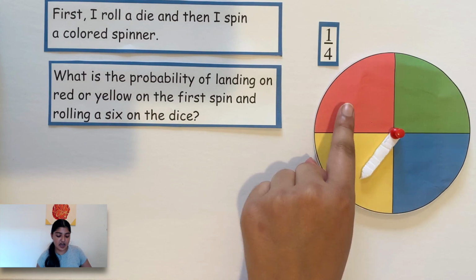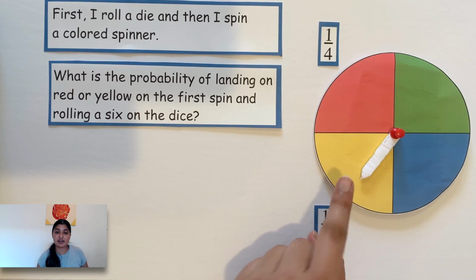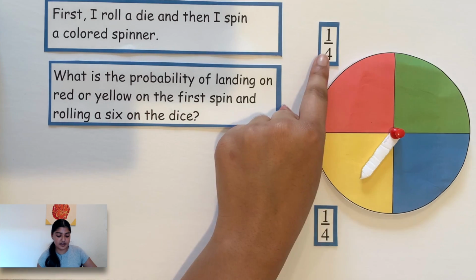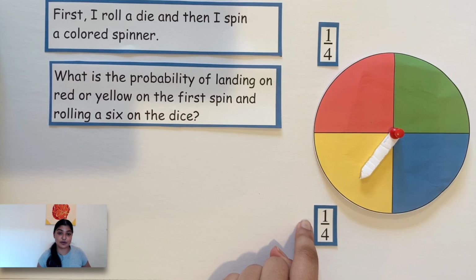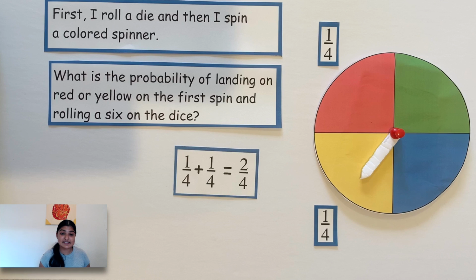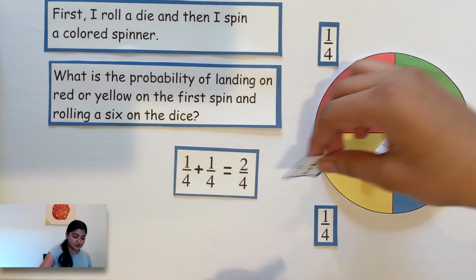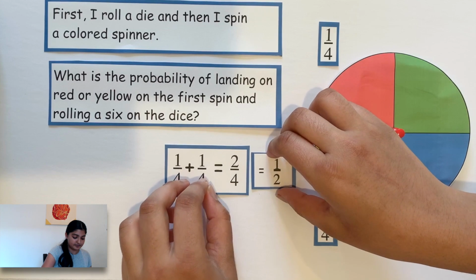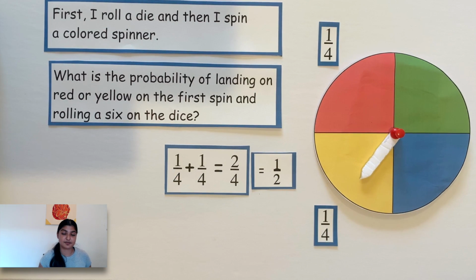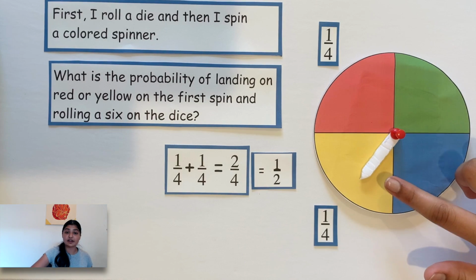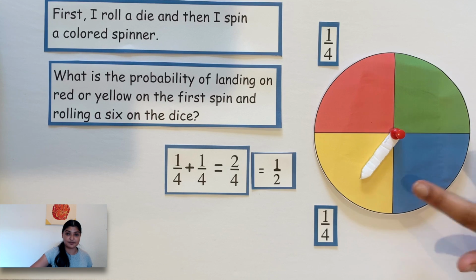Since we can land on either one of these sections, to find the probability, we can add 1/4 plus 1/4. This gives us a total of 2 over 4, which we can simplify to 1/2. 1/2 is the probability or chances of landing on either red or yellow when spinning our spinner.